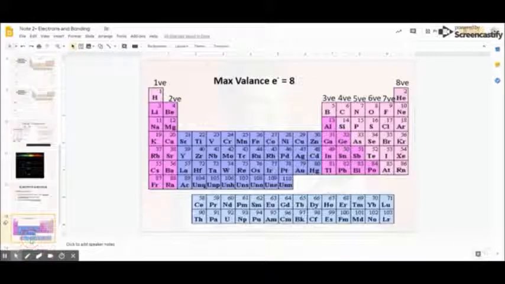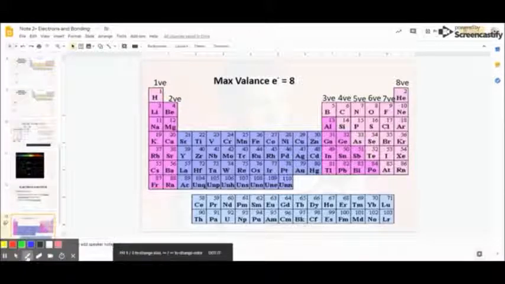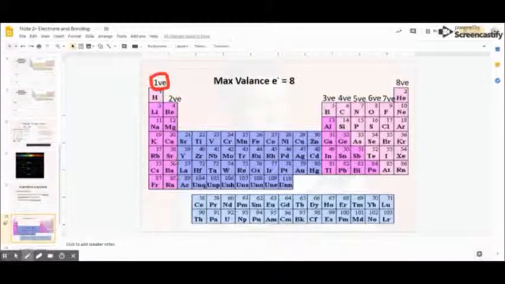So on your periodic table, I want you to add these. So in our first column, all of these atoms have 1 valence electron. So add this to your periodic table. The second column, they always have 2. Boron's column, they always have 3, 4, 5, 6, 7, and 8 as you go across the groups.